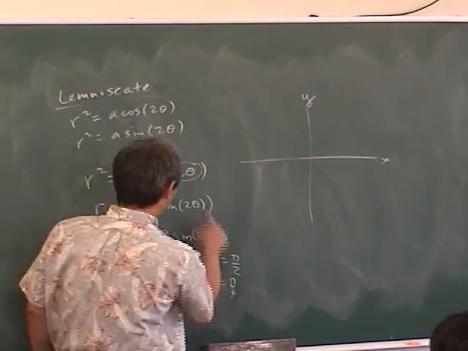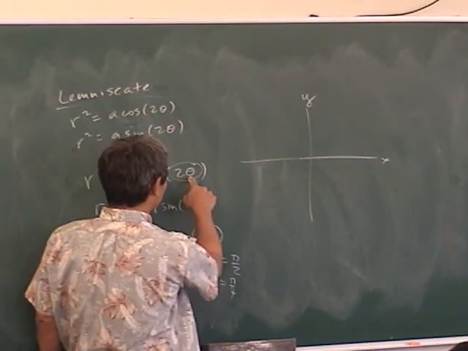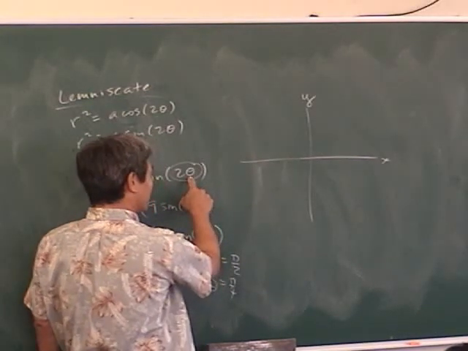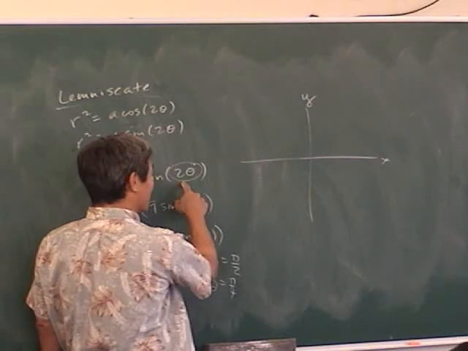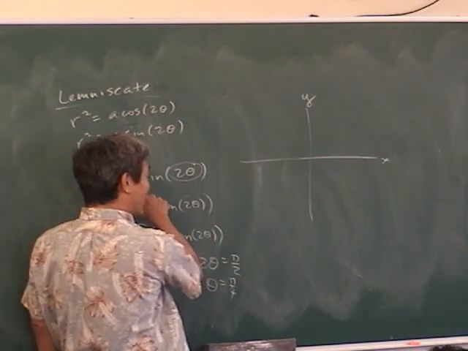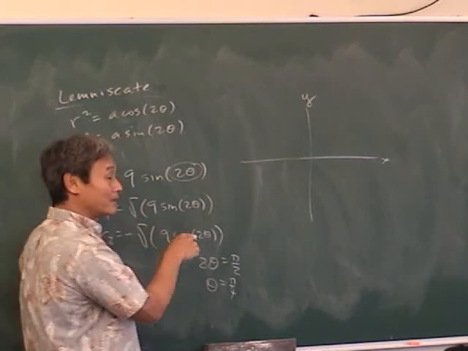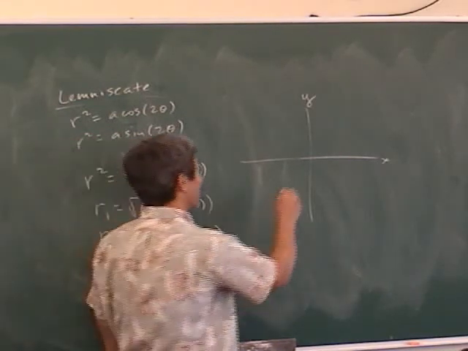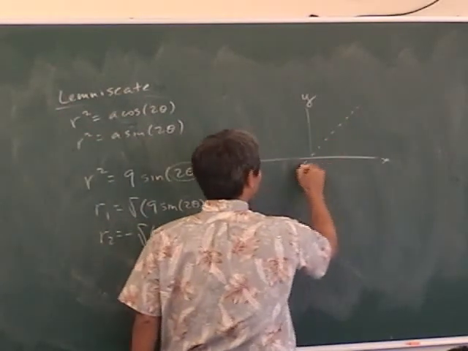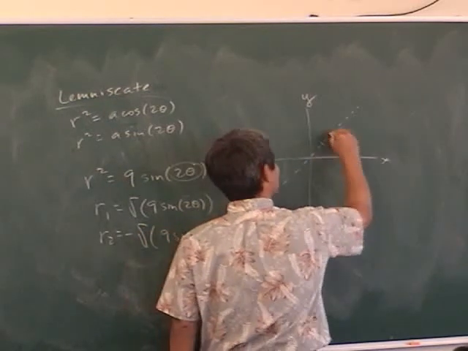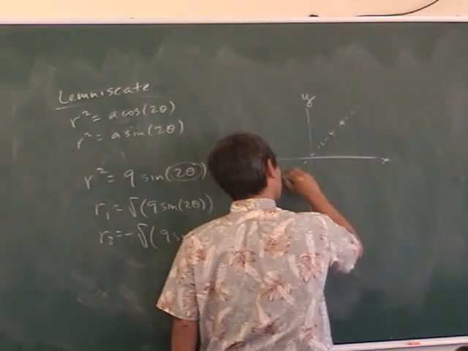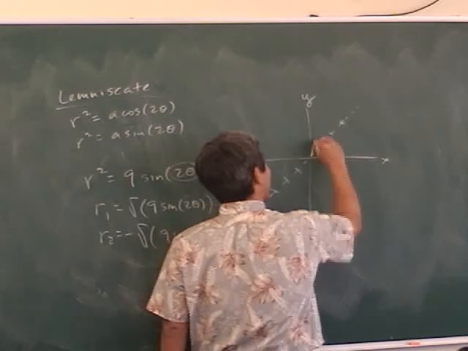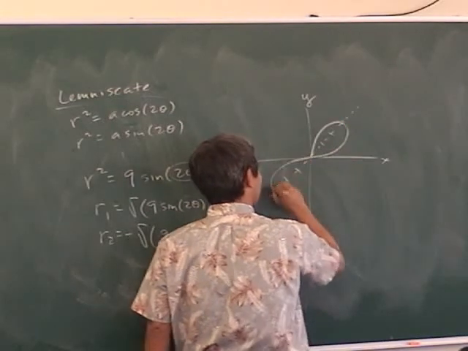So at pi over 4, what's 2 times pi over 4? Pi over 2. Sine of pi over 2 is 1. 1 times 9 is 9. So if r squared equals 9, r equals plus or minus 3. So at pi over 4, you're going to have r equals plus or minus 3. 3 here, negative 3 there, and a lemniscate is a figure 8.